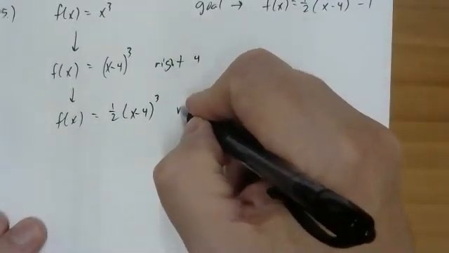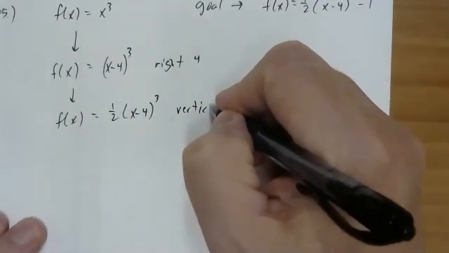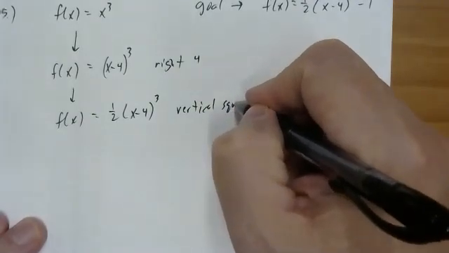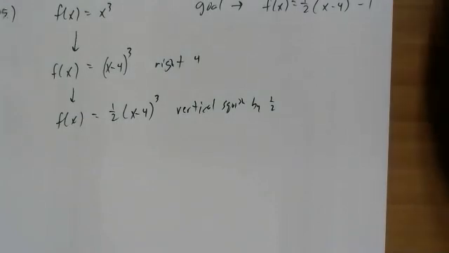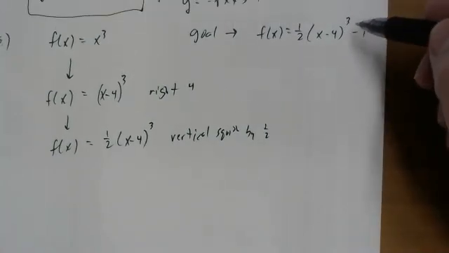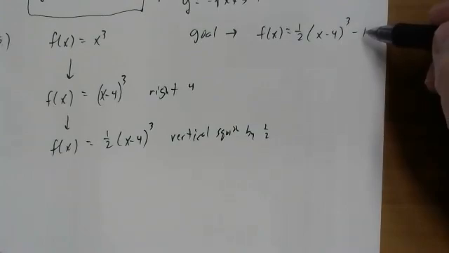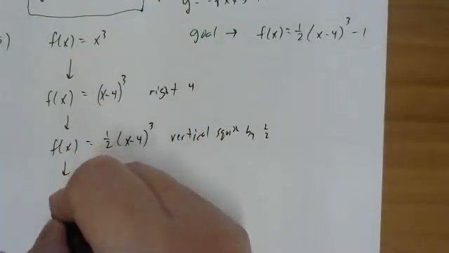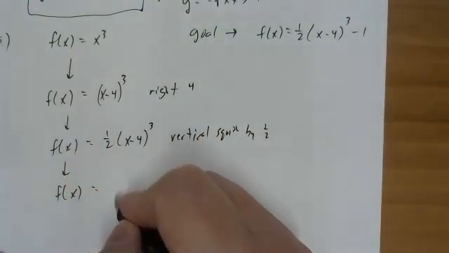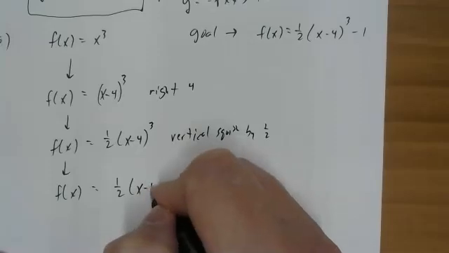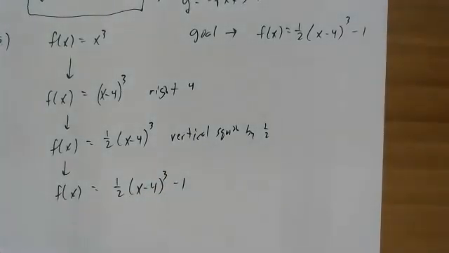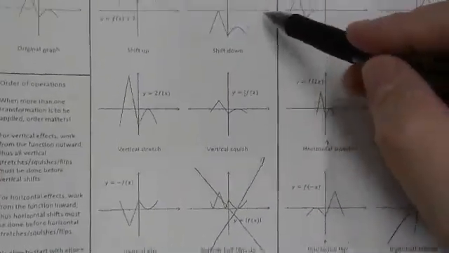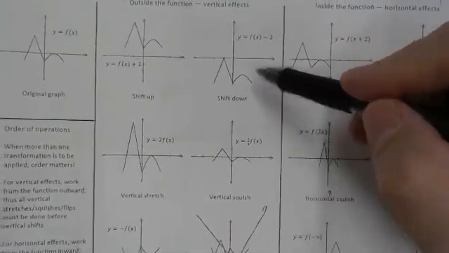So it looks like there's one thing left. I subtract 1 from the very end. So outside the function, subtract 1, shift down.